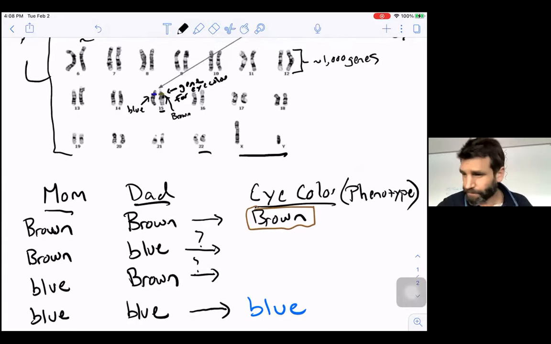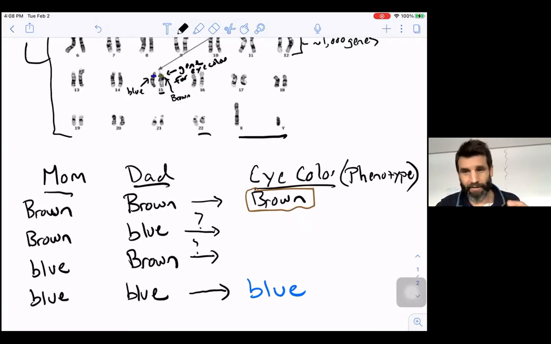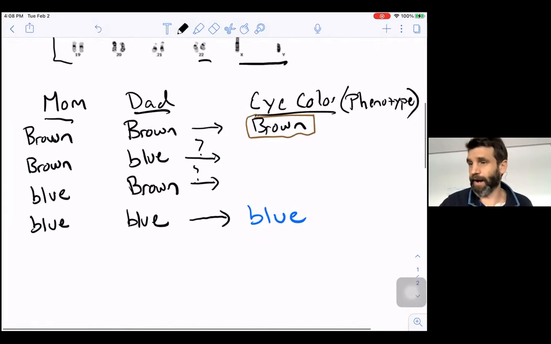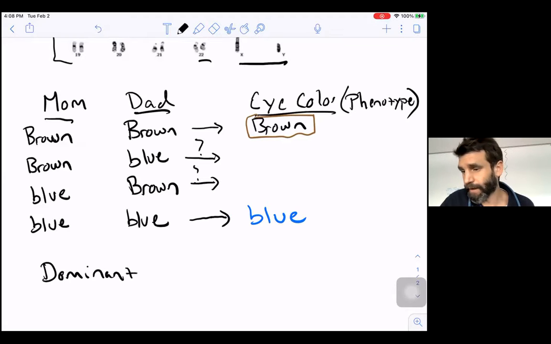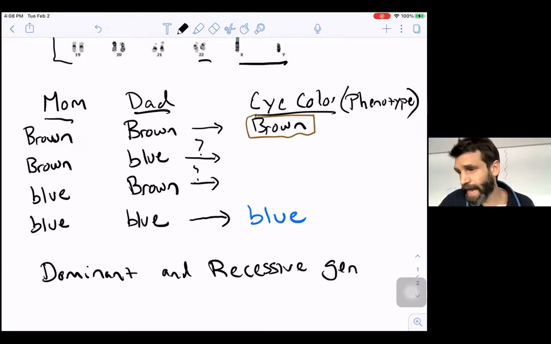How does it work? Well, to start off understanding genetics, we're going to focus on a process where there are dominant and recessive genes. And dominant and recessive means that if you have only one copy of the dominant, if you have one version of the dominant trait, it takes over.